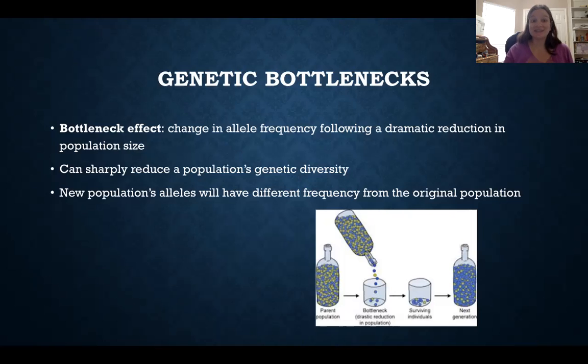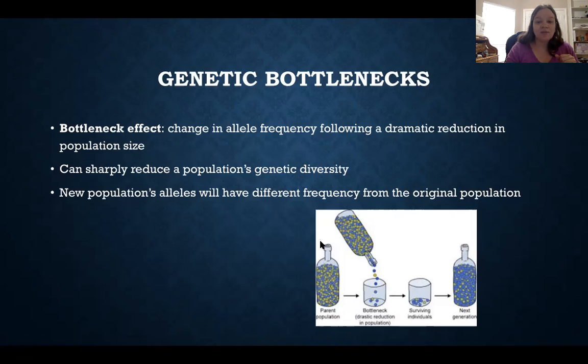It's just some of us died and some of us got to survive. So a bottleneck effect dramatically reduces the population size, which can, because it's random, change the population's genetic diversity. It will change the allele frequency from the original population.